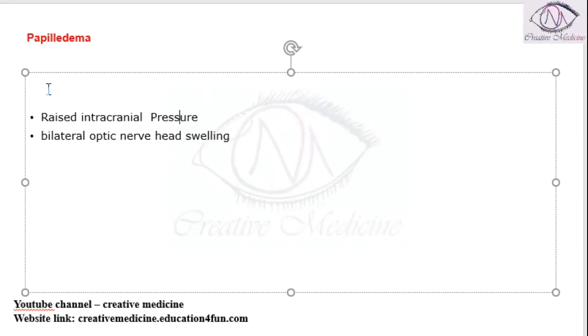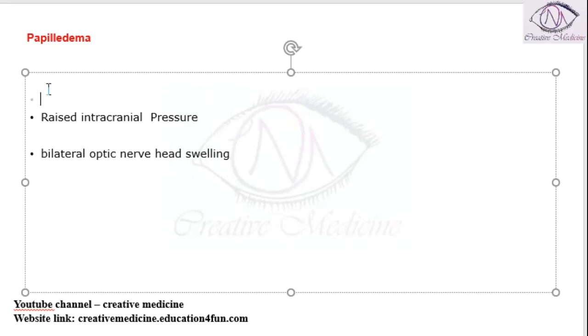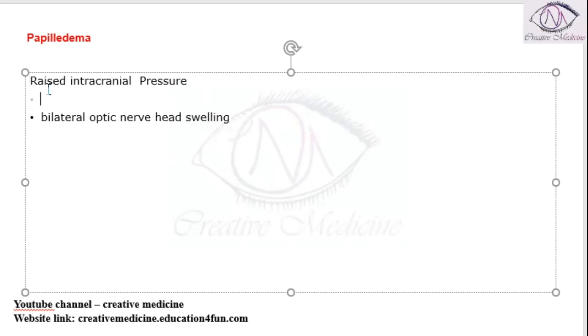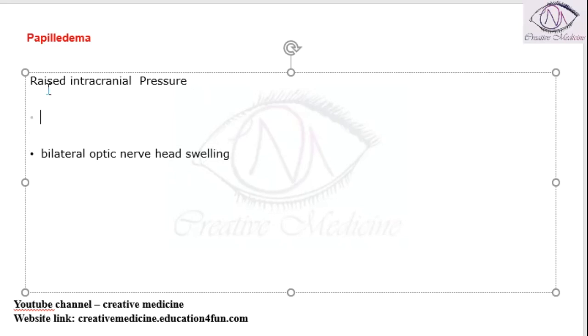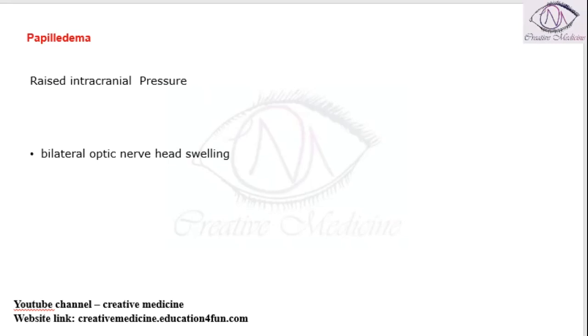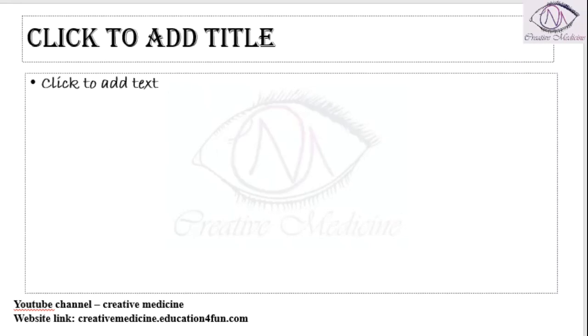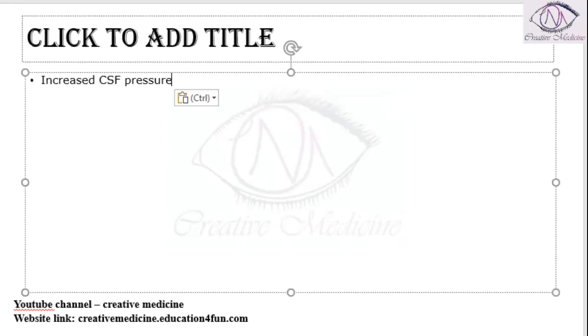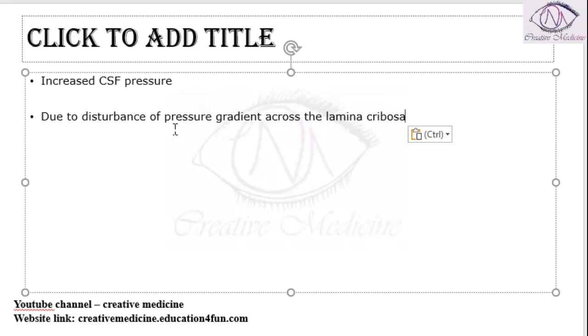Whenever there is raised intracranial pressure, it will cause disturbance. First, whenever there is increased cerebrospinal fluid pressure, this will result in disturbance in the pressure gradient across the lamina cribrosa.